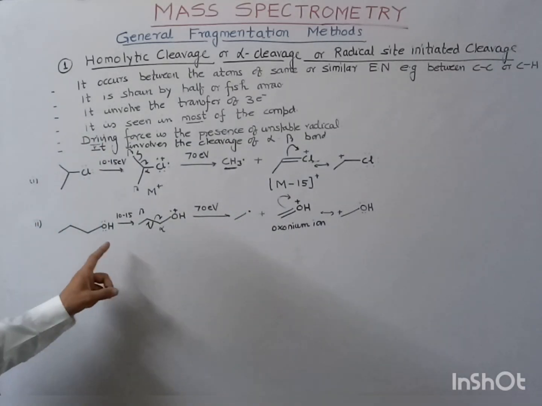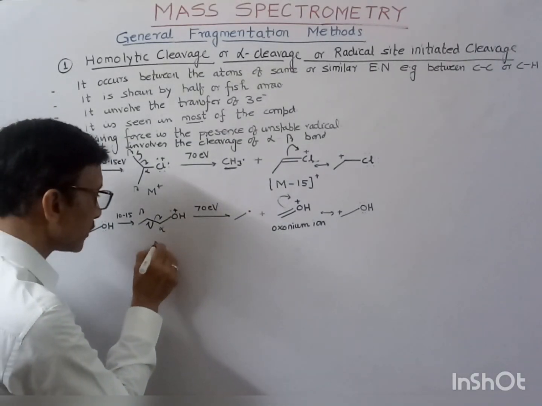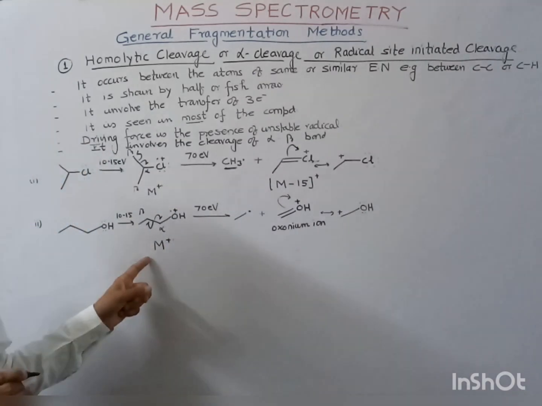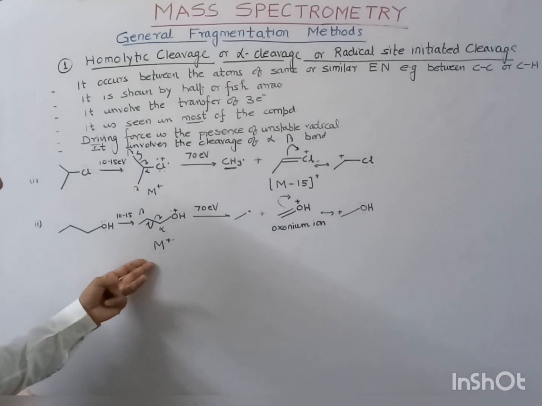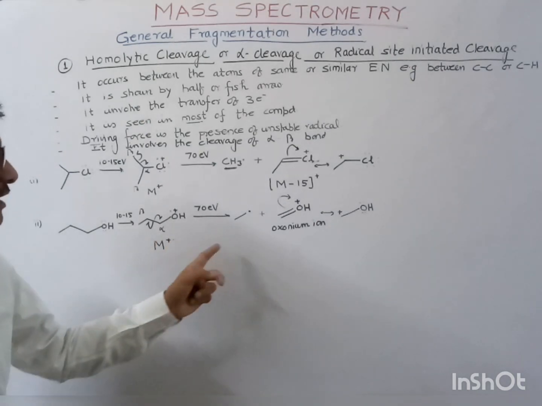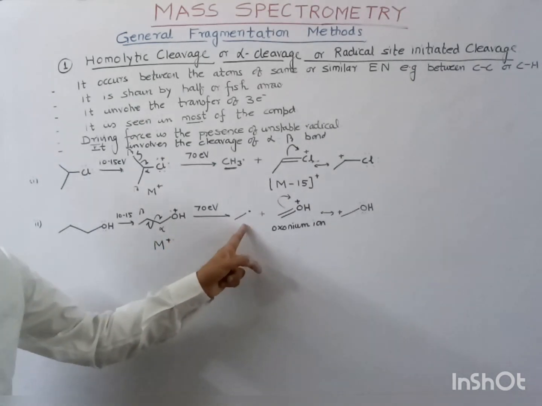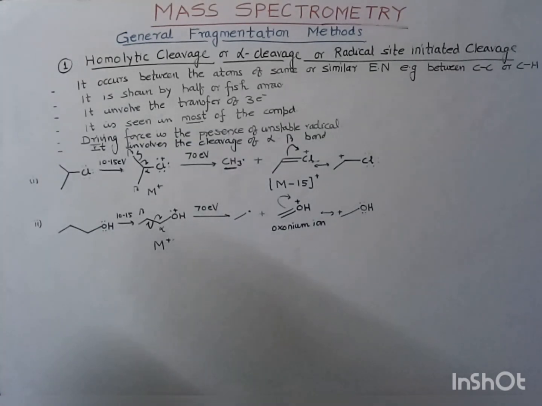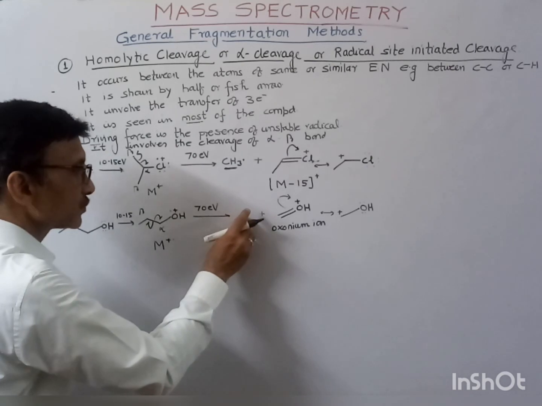One peak is the molecular ion peak, having some m/z value, and another peak will appear after losing this ethyl radical, which is around 29, since 29 is the molecular weight of this group.